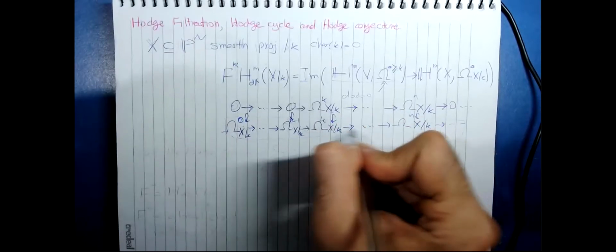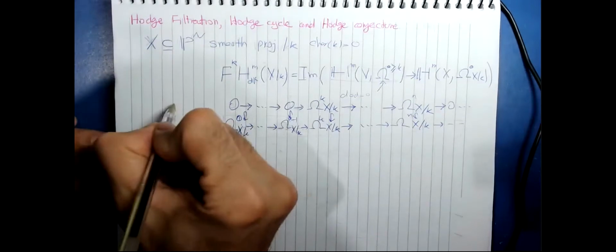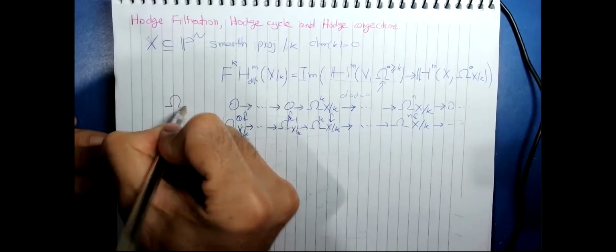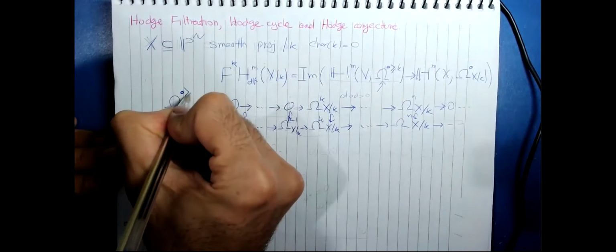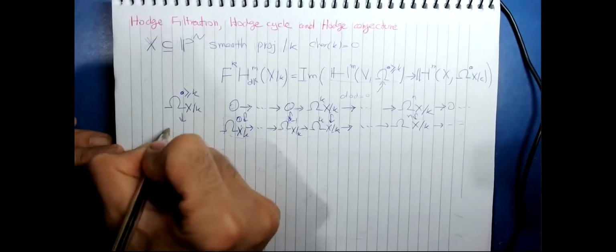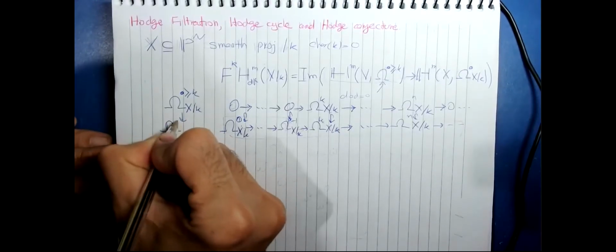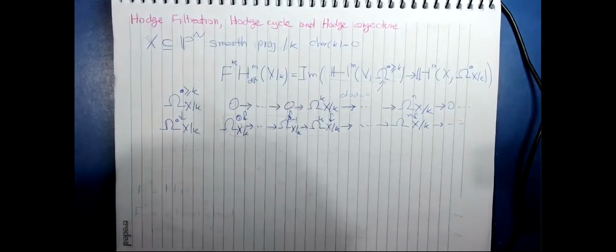These are identity maps, and this is just 0 inside the set of differential forms. We denote this one by Omega^(bullet greater than or equal to k) of X, and the other one is just Omega^bullet of X over K.